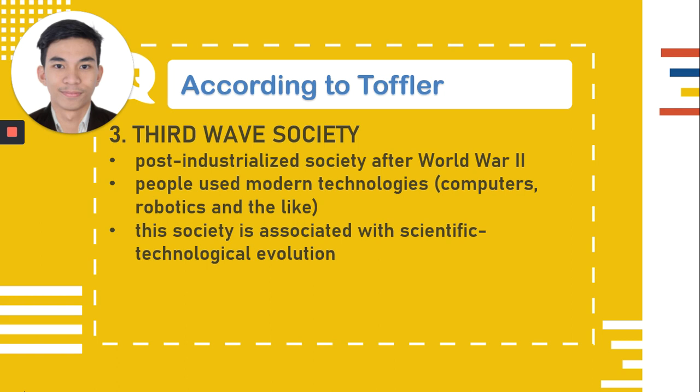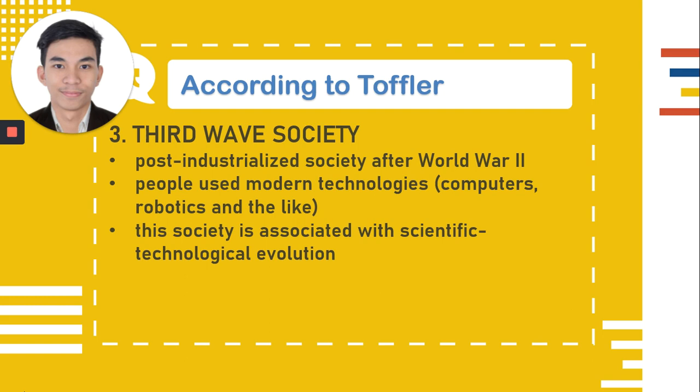So once again, the first wave is the one that is more on the agricultural, the classical technology, the second wave is the industrialized technology or the industrial society, and the third wave society is the modern society. Okay, so that's all about society, the evolution and their classification.